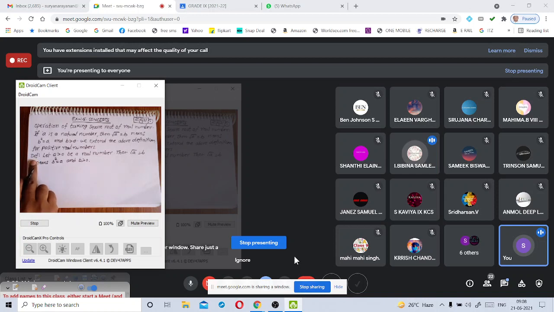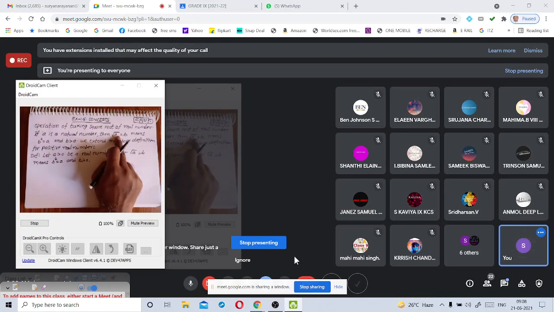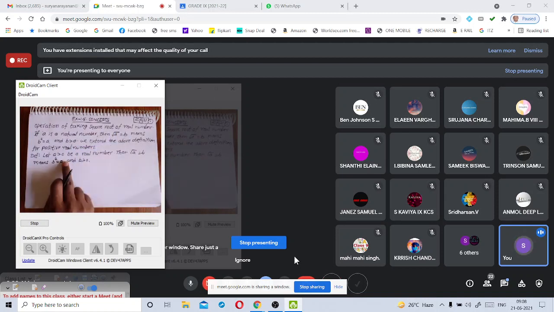We are writing the definition of taking square root of real numbers. In these 3 lines, we discussed taking the square root of a natural number. We use the same definition for positive real numbers. Please remember this point, my children. We are taking the square root of positive real numbers.